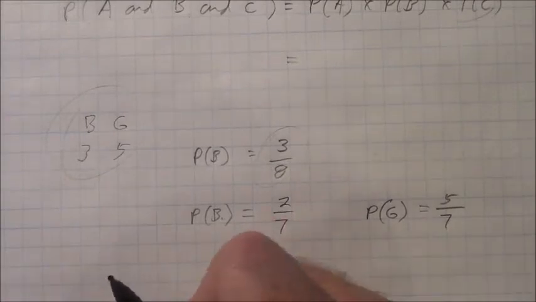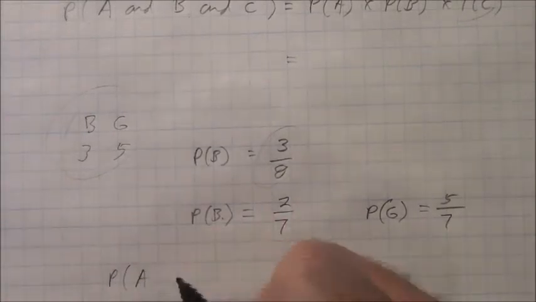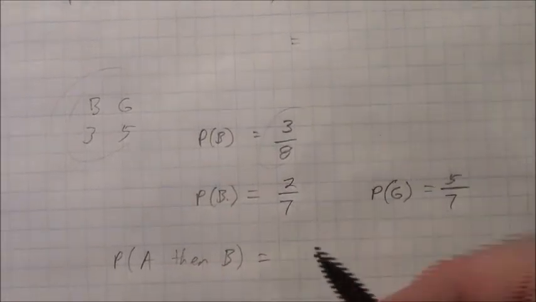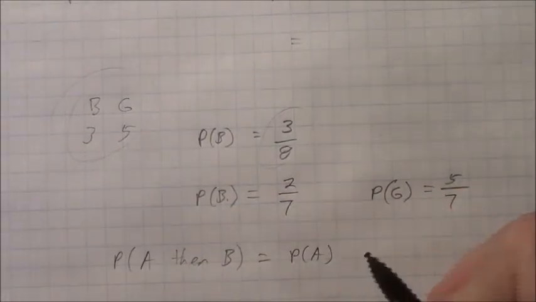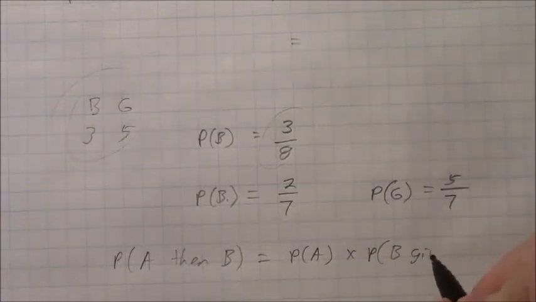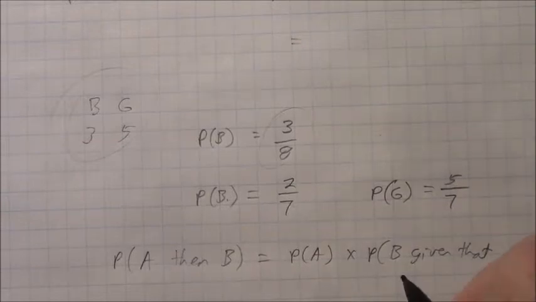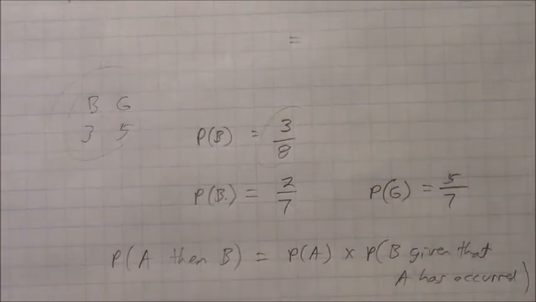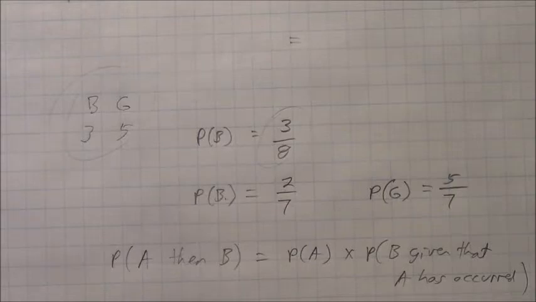So we could write this as the probability of A then B is equal to the probability of A multiplied by the probability of B, given that A has occurred. Okay, so that's how we calculate dependent events. Independent and dependent are different, but they're both compound events.